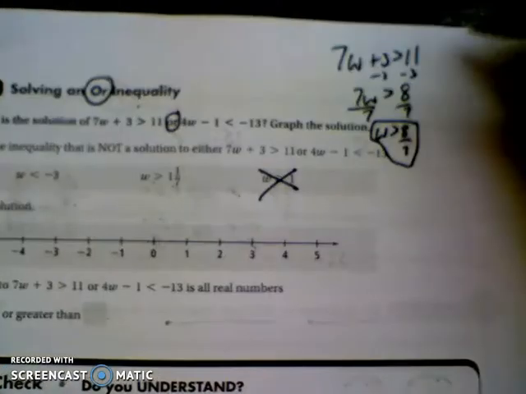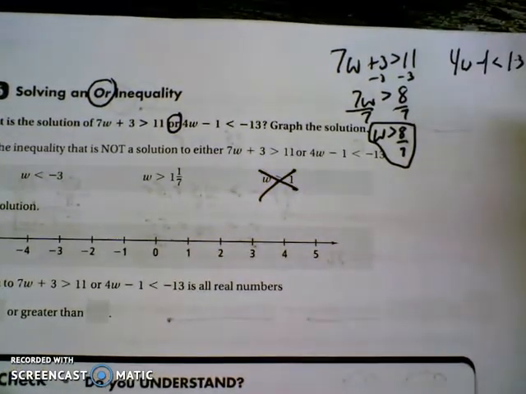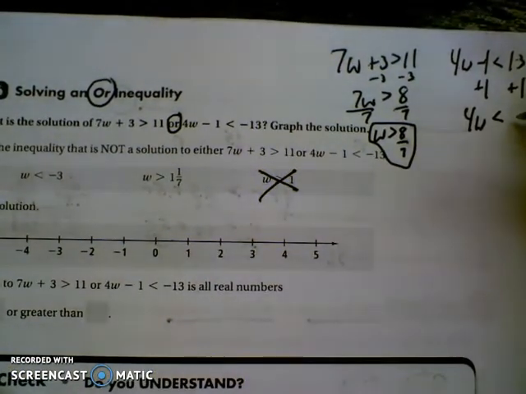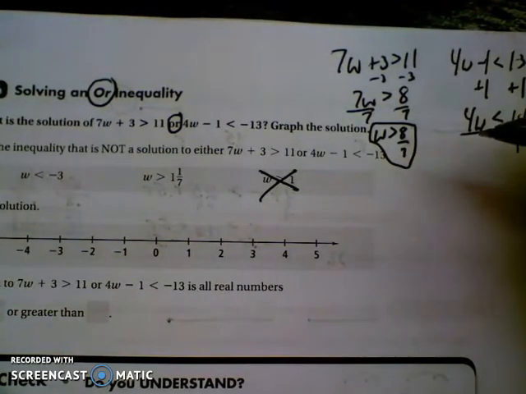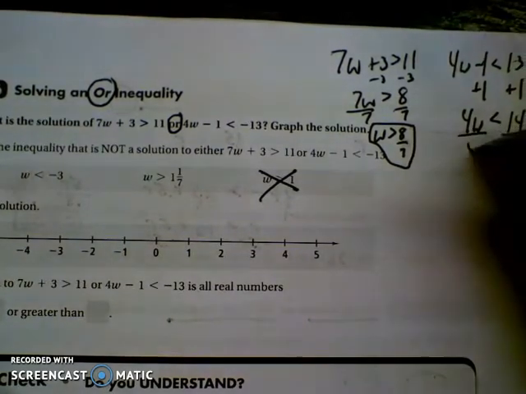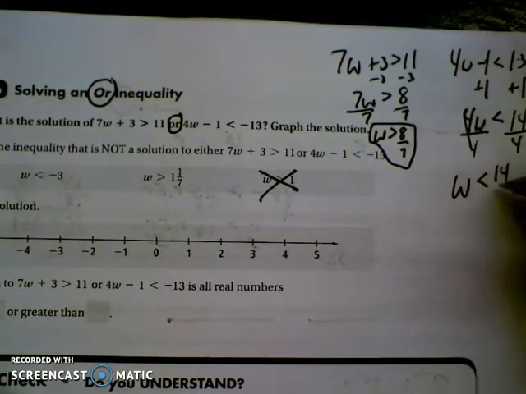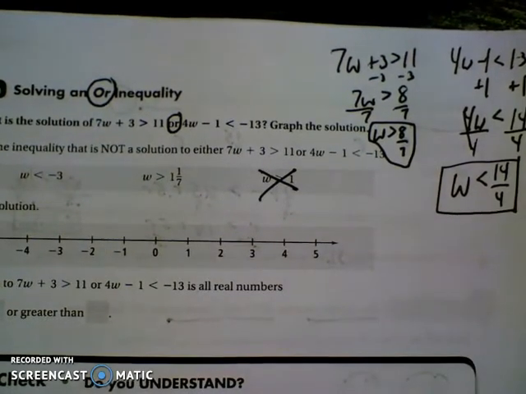The other one is 4w minus 1 is less than 13. Add 1 to each side. 4w is less than 14. Divide by 4, divide by 4. You get w is less than 14 over 4. So I hope that made sense to you.